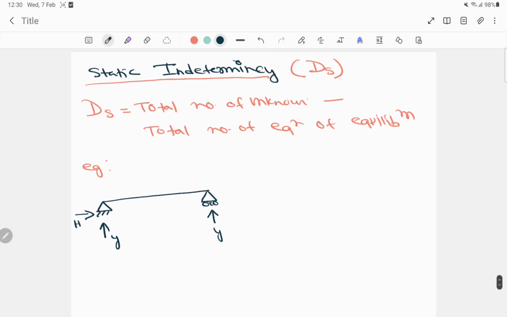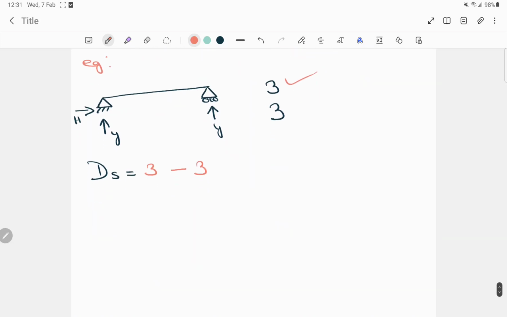So the total number of unknowns is 3, and we know that the total number of equations of equilibrium is 3. So ds is equal to 3 minus 3, which is 0.